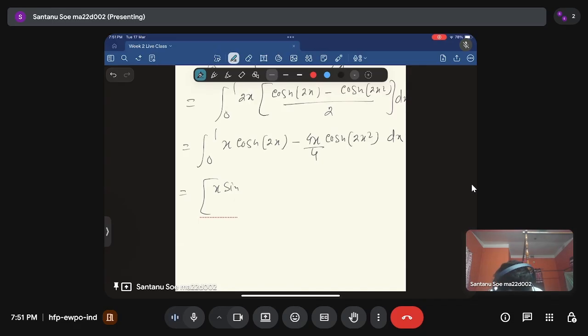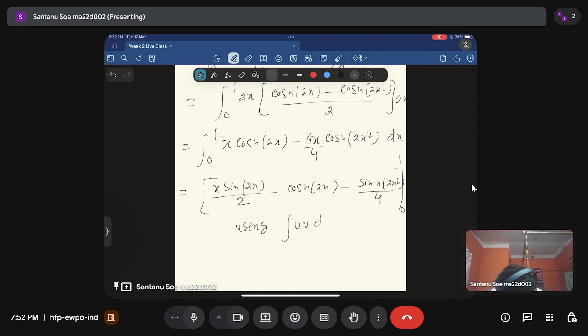So this will be x sine hyperbolic of 2x divided by 2 minus cos hyperbolic of 2x, and this is minus of sine hyperbolic 2x squared by 4. Okay, so this is from 0 to 1. So this is using integration of uv dx, u integration v dx minus integration of u' times integration v dx.